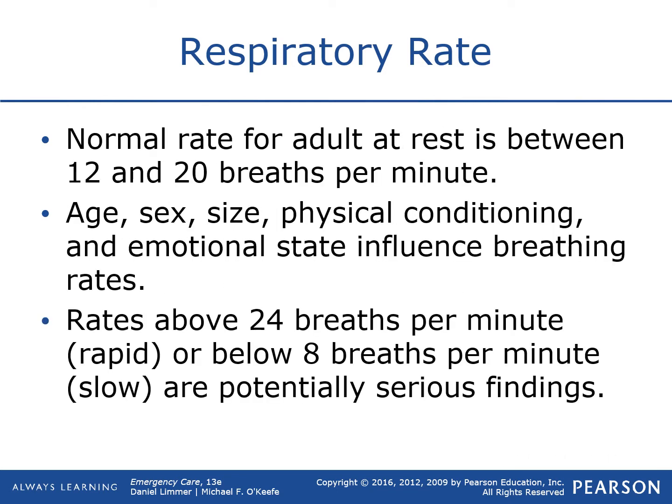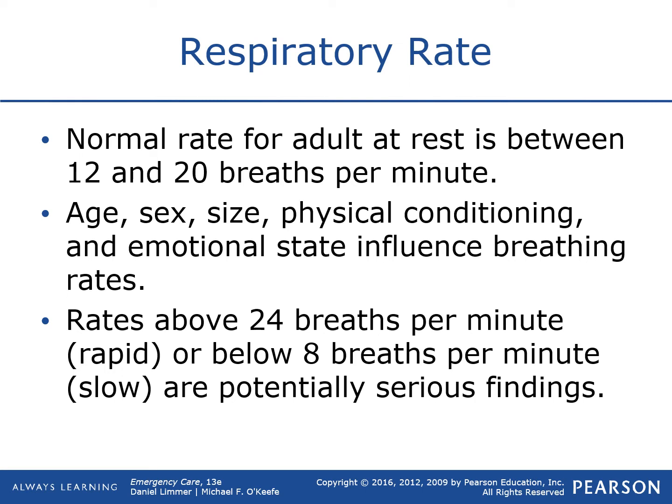The normal rate for an adult at rest is 12 to 20 breaths per minute. So again, that is a normal adult range, 12 to 20. Anything above is considered fast, anything below is considered slow. Same idea with your pulse, we have kind of a buffer area.